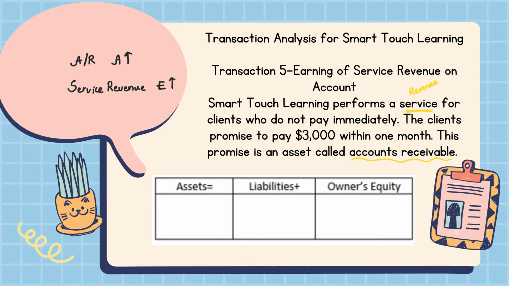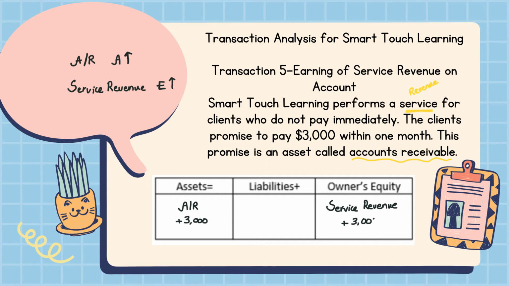So under assets, I'm going to write accounts receivable, and it's positive 3,000. And under equity, I'm going to write service revenue, and again it will always increase my equity, so plus 3,000.